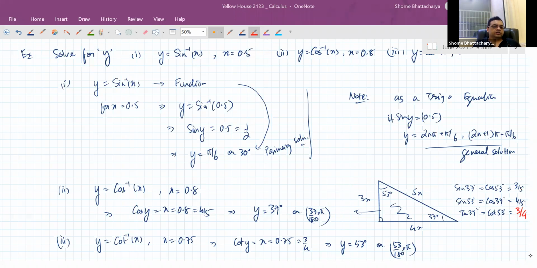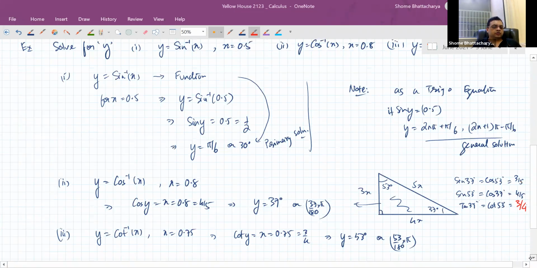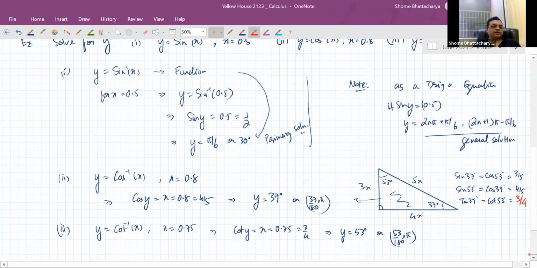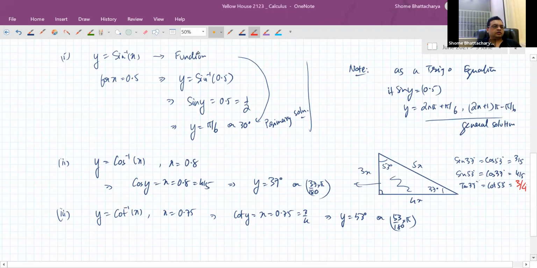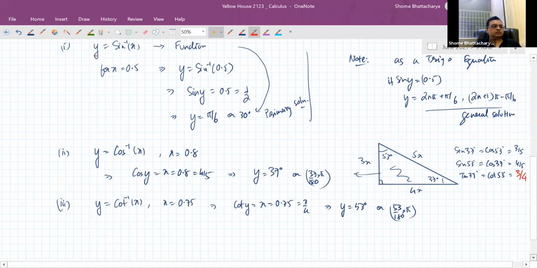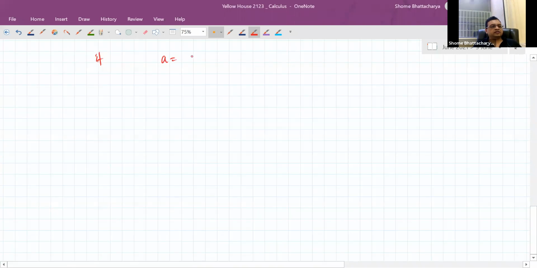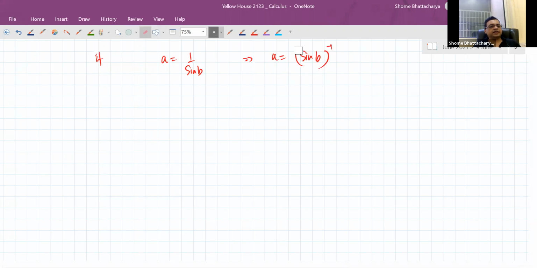Okay, so that's about inverse trigonometric functions. Now, you should also understand that if I want to express A as 1 upon sine B, then I should write it as a power, like this. I should not write it as sine to the power minus 1, because that means sine inverse.